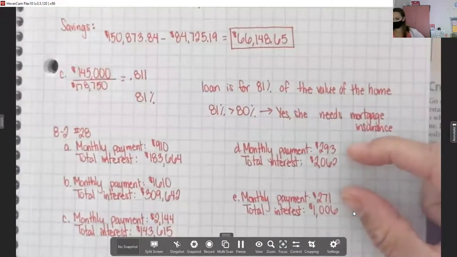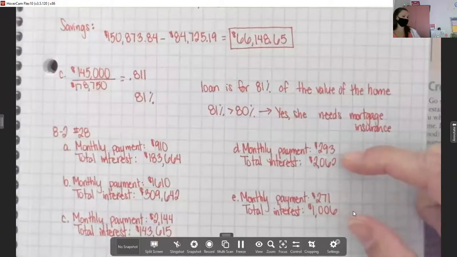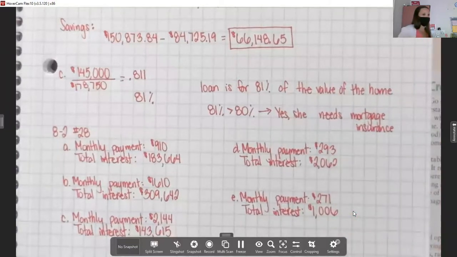So the monthly payment doesn't change a ton, but the amount of money that you pay the bank in interest changes significantly. So that's one of those things you want to make sure you pay attention to: your interest rate. The lower the rate, the better off you are.